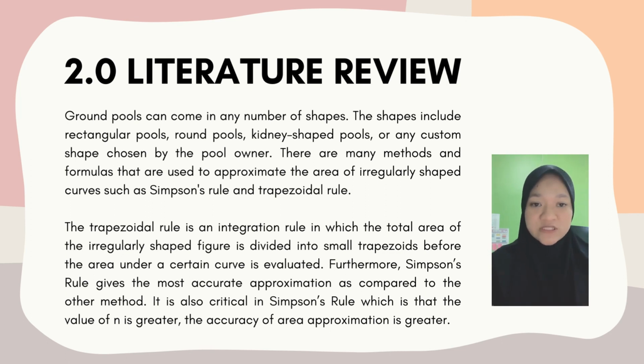But in this project, we use Simpson's rule 1/3 as the solution to the numerical method to calculate the area of the pool, and we will get how many cartons we need to fulfill the calculation.